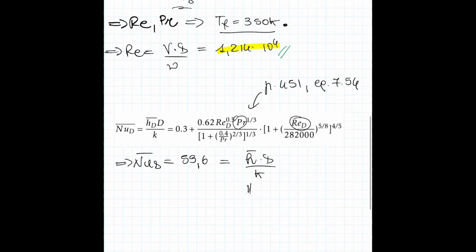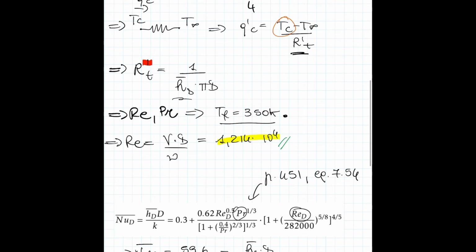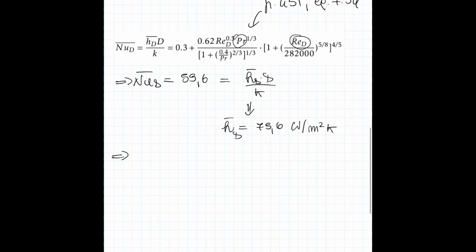Now we can just rearrange and find that h average, which we're going to call h_D, just to be coherent with what I wrote previously, is 79.6 watts per meter squared Kelvin. Having said that, most of our problems are now solved because we know h_D, so we can just sub it in this equation to understand what the thermal resistance is, and we find that R_T is equal to 0.1998 meter Kelvin per watt.